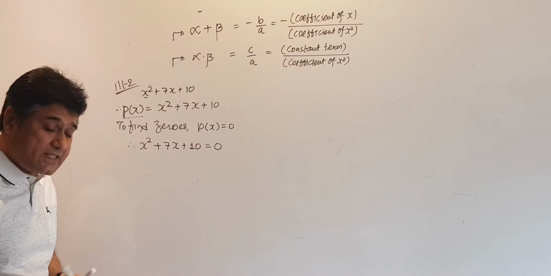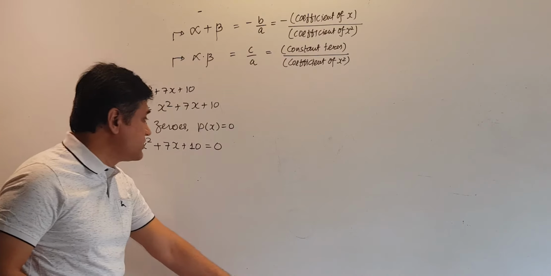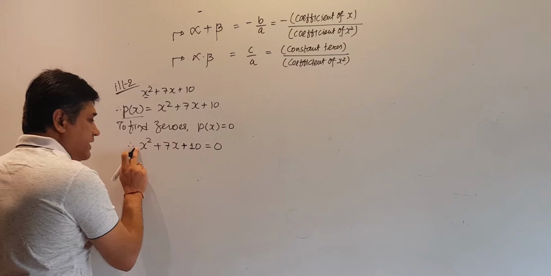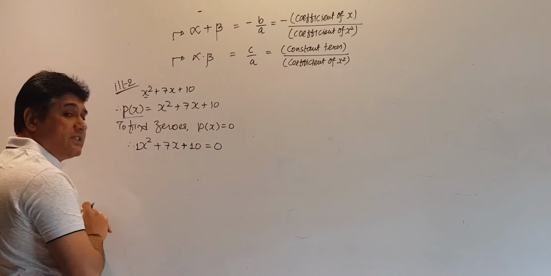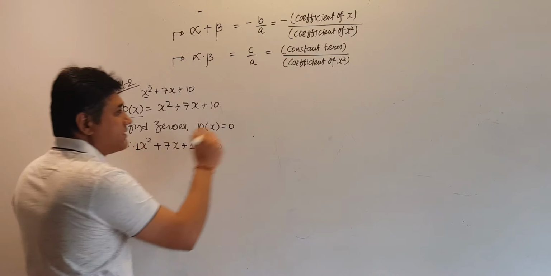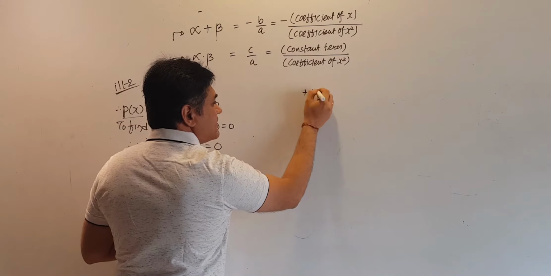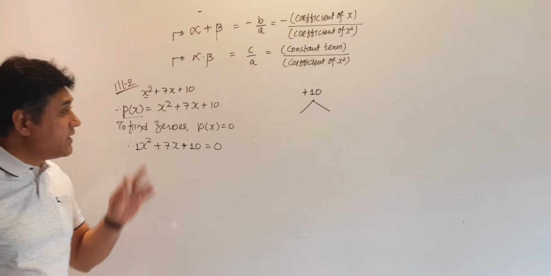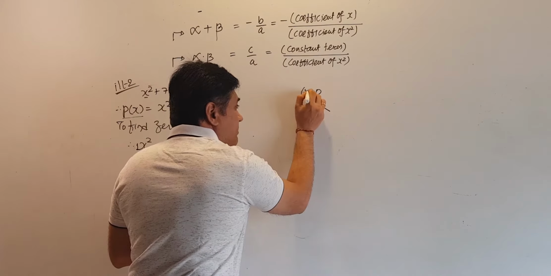Now once again friends, I am giving you the basic knowledge. Plus 10 into coefficient of x square is 1. Plus 10 into 1, so it's a plus 10. Now I have to get the factors of plus 10. Remember friends, here it is a plus.